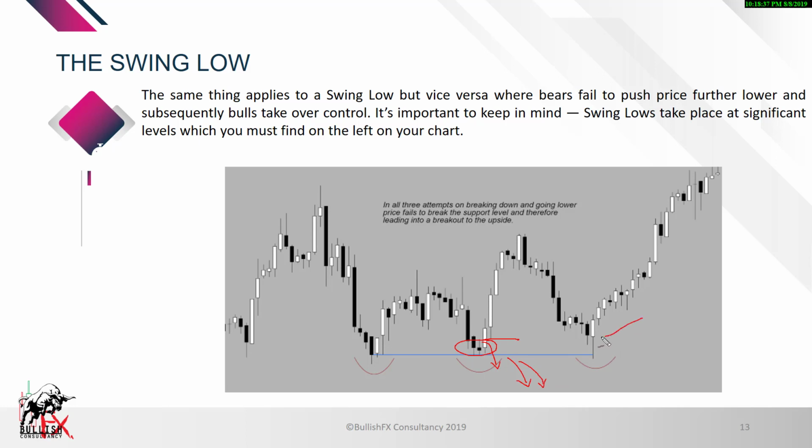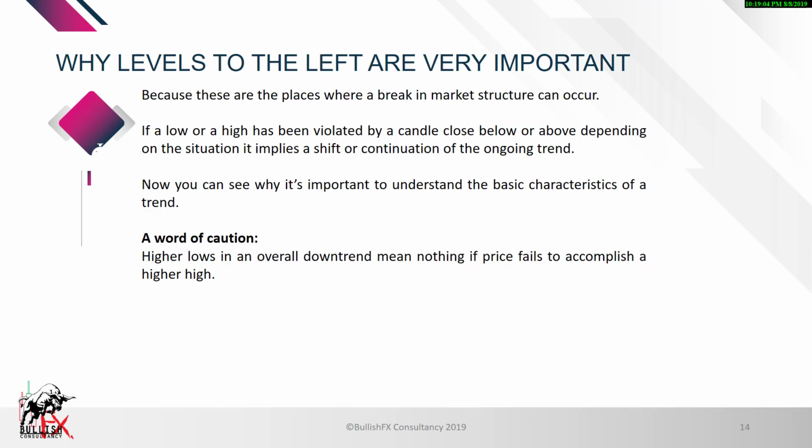Same applies with this candle here. If market had closed below the blue line, it would have kept on tumbling. That's what we call a violation of a structure. It means that area has been violated and no longer holds significant importance in the current analysis.